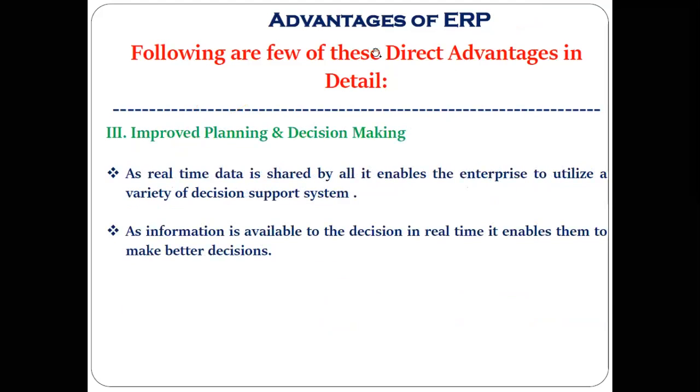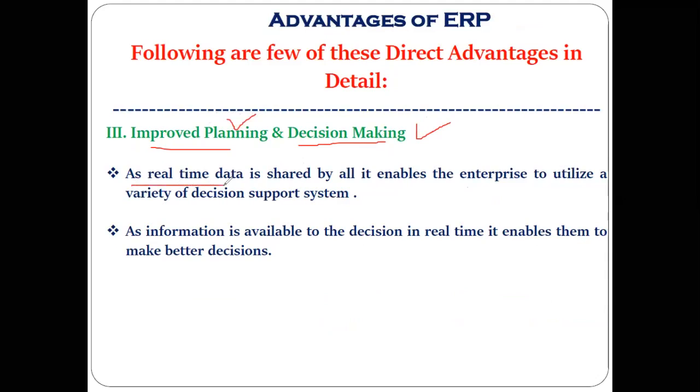Now next is what? Improved planning and decision making. Obviously, if the ERP has all these kinds of direct advantages, we can definitely have faster decision making, and our planning can also be improved.